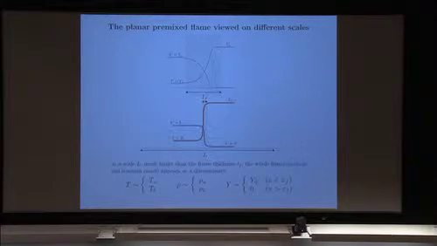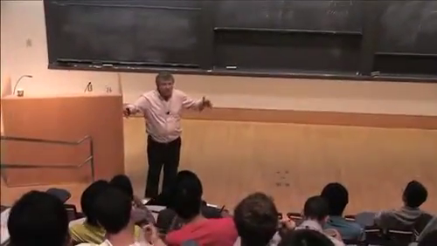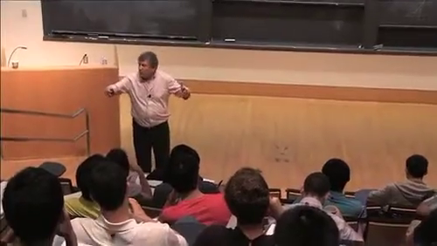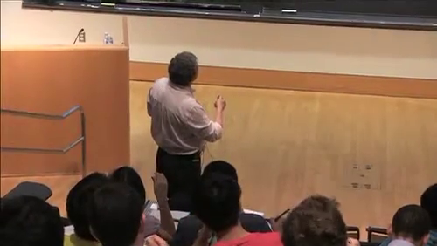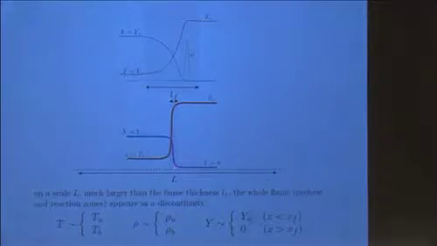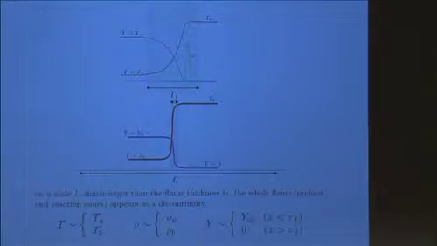Now, if we look at this structure on a much larger scale, or think about it if you go further away from where your flame is, and the larger scale is what I called capital L, which is something maybe of the order of your combustor or what I would call some hydrodynamic length, then this entire flame will look like a very sharp discontinuity in a thin region compared to this large L, right?